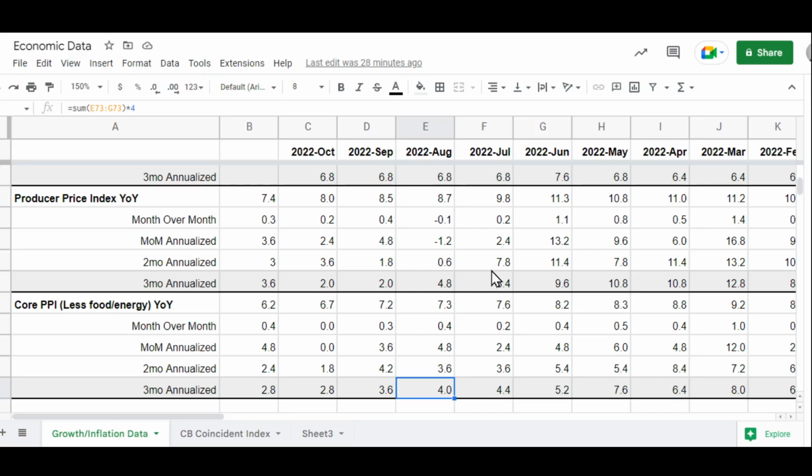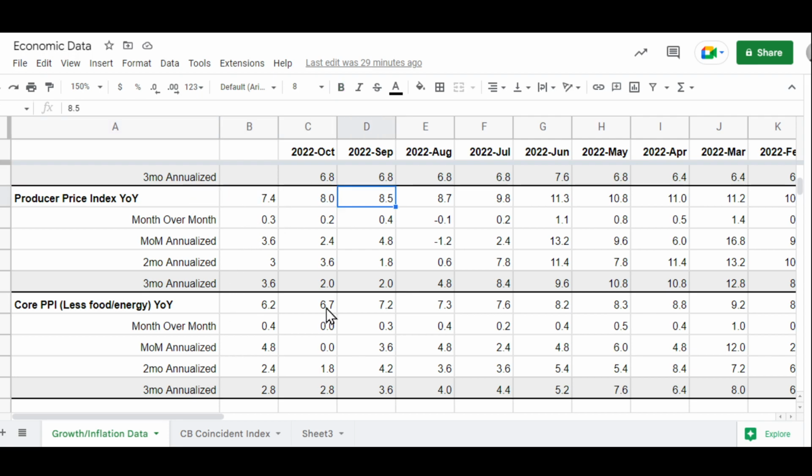And speaking of data, I'm going to pull up my table that I keep on the economic data. I've got a whole bunch of different growth data and inflation data on this sheet that I calculate. And here, what you actually see is if you look at the producer price index, don't pay any attention to the year-over-year numbers.